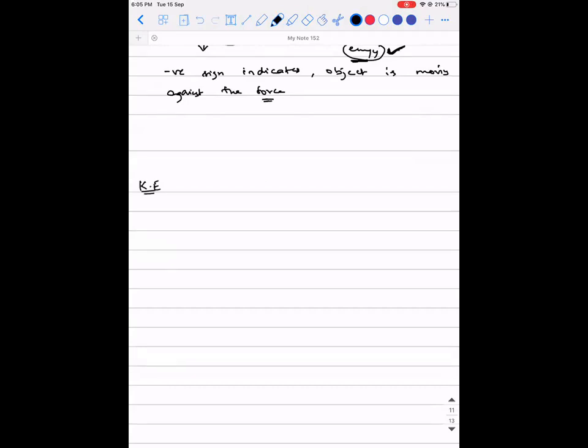Now I will take a simple scenario. Let's say there is an object which is given an initial velocity u and it has traveled a distance s where it has got final velocity v, and let us assume it has traveled with uniform acceleration. Then v square minus u square, can I write it as 2as?